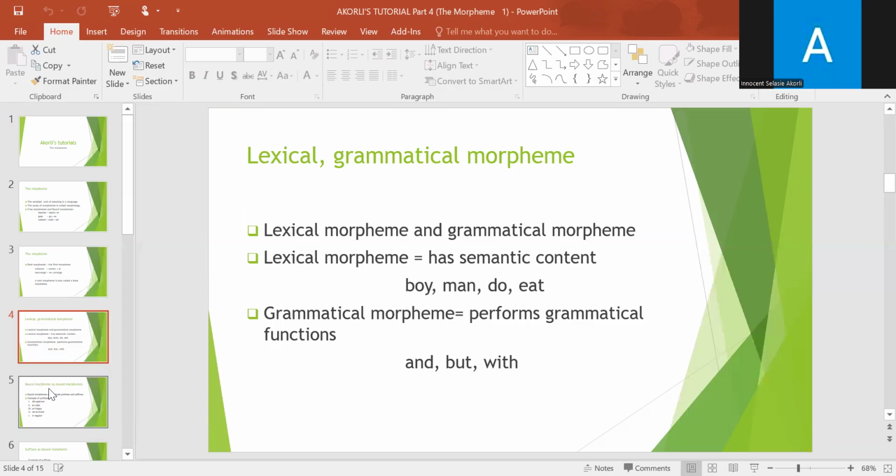So you are beginning to make meaning, as in you begin to visualize, begin to see what it means. But if you say and, actually it is not so meaningful as compared to something like boy. And could have many functions. So the specific grammatical function it will perform depends on its use in a structure.